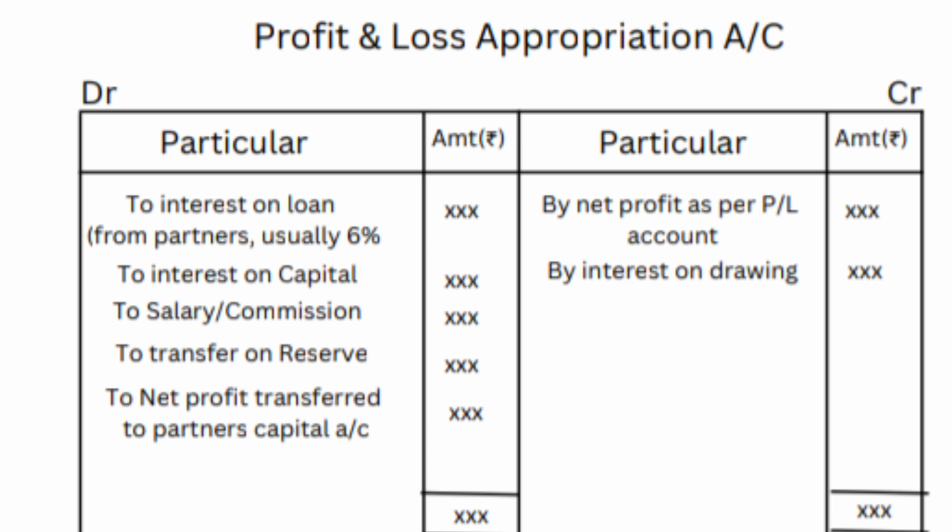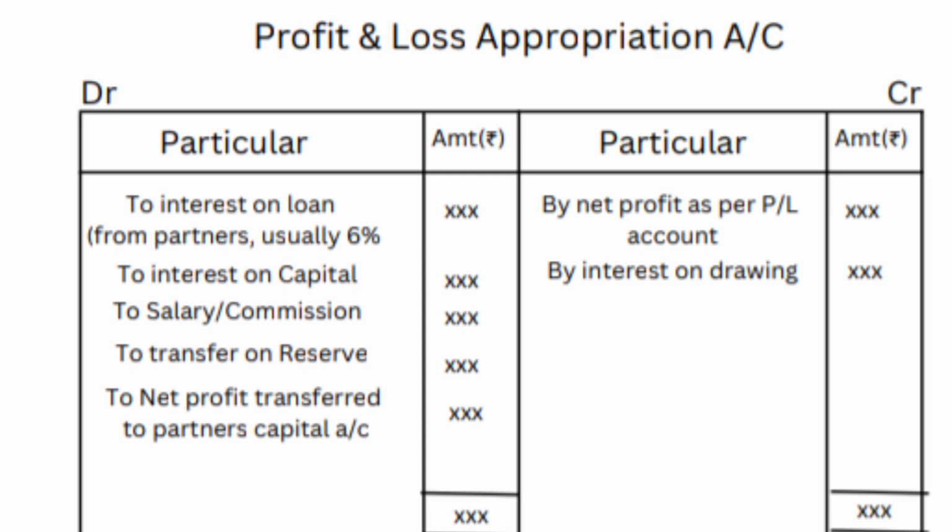This interest is usually 6%, but it may be more or less than that. It depends on the business. The next item, again from the debit side, is the salary or commission. Some partners may work in the business, and for their work they get a salary or commission.